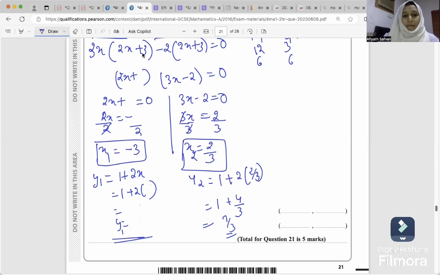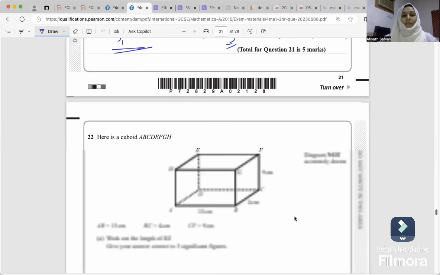Therefore, (2x + 3)(3x - 2): 2x + 3 = 0, so x is going to be -3/2. So the values of x are -3/2 and 2/3, and y is -2 and 7/3. Okay. Next, question number 22.